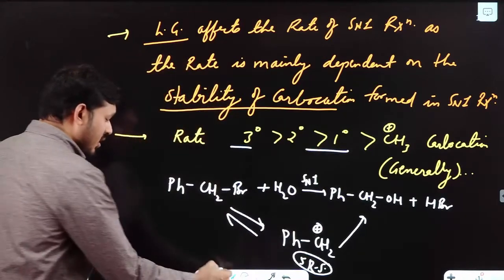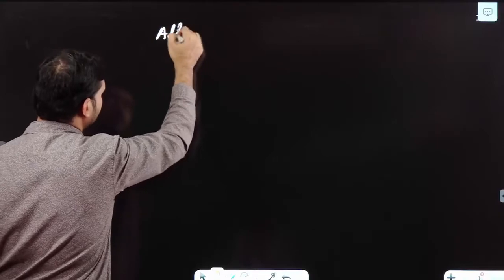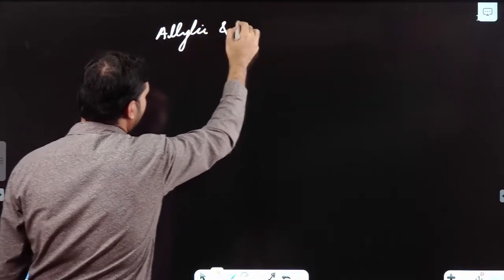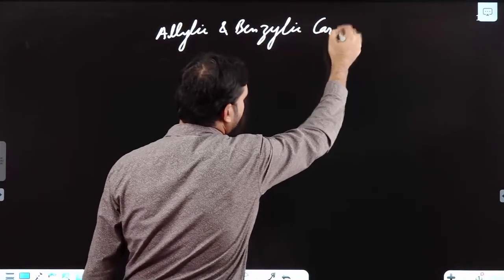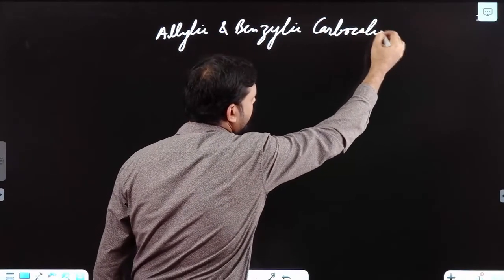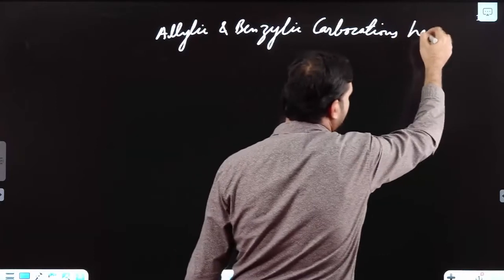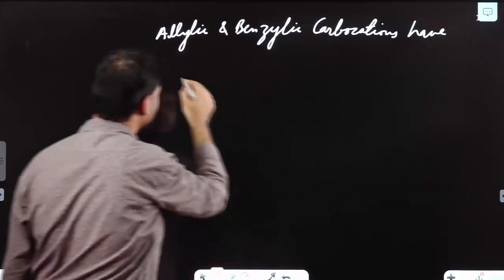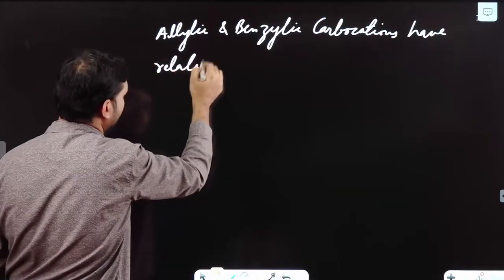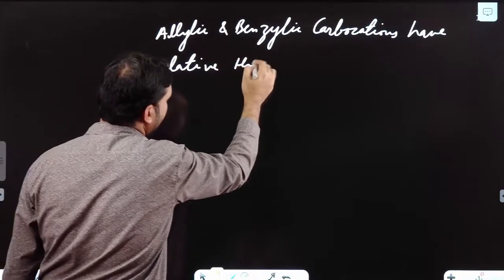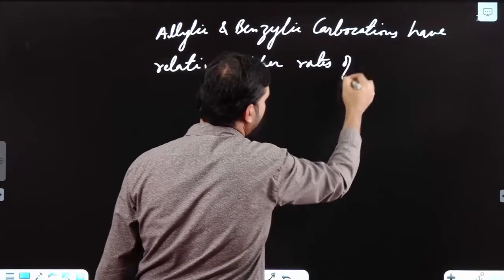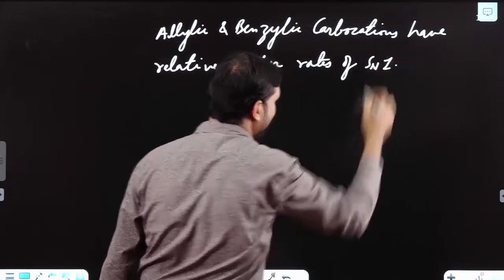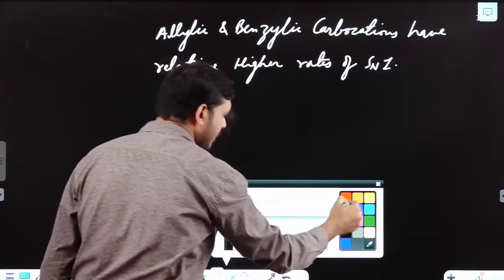Okay, one more case. Allylic and benzylic carbocations have relatively higher rates of SN1. Now understand this thing.